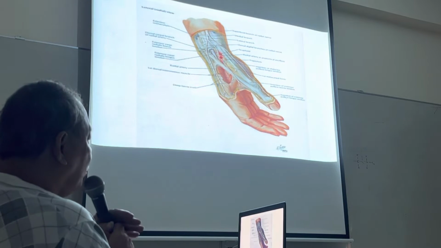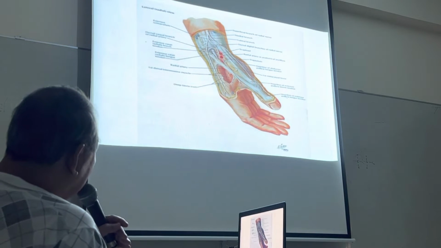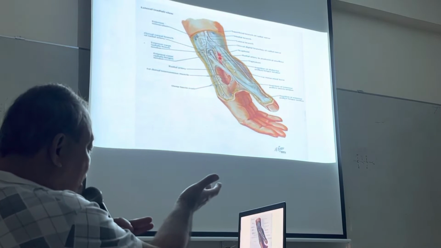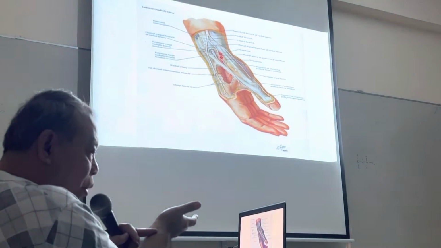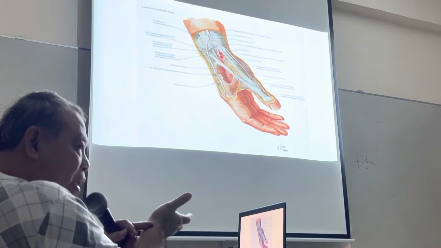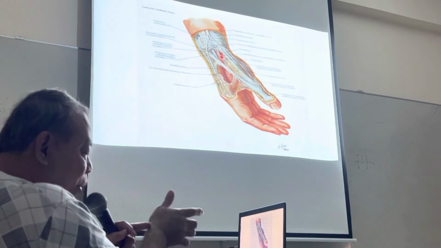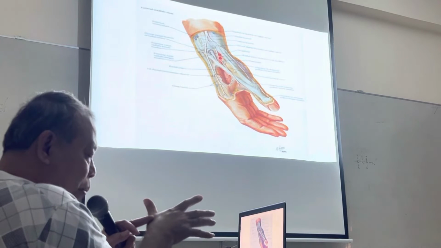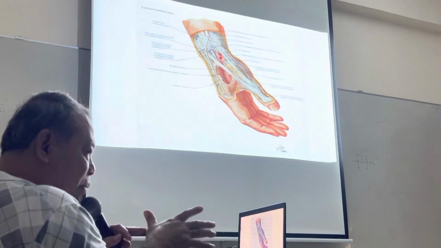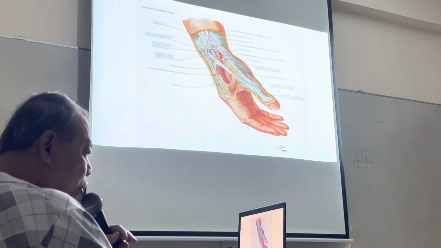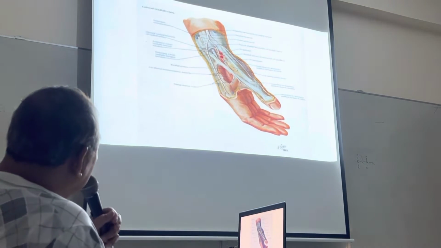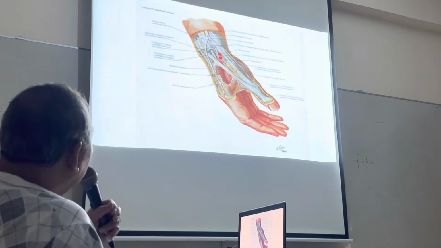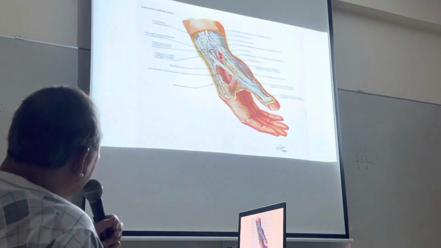You can feel the pulsation in the radial artery, in the distal third of the forearm, where you take the pulse. That is one. And when you palpate the anatomical snuff box, you should also feel the pulsation of the radial artery.